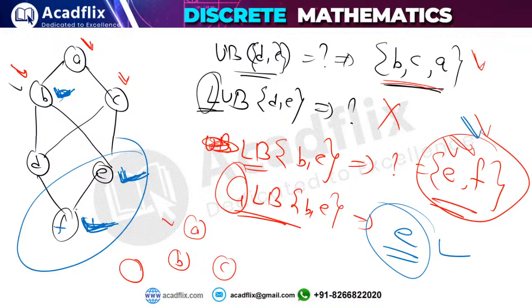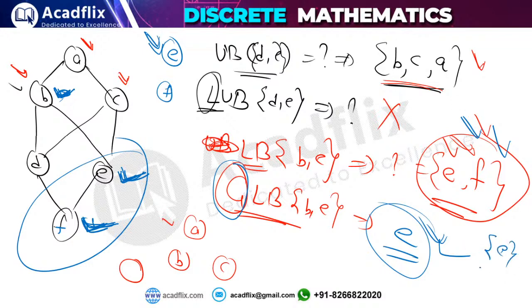In this lower bound, E comma F, you need to find the greatest element. The greatest element will be E, because greatest element means the topper. The topper is E and the second ranker is F. So the answer will be E.